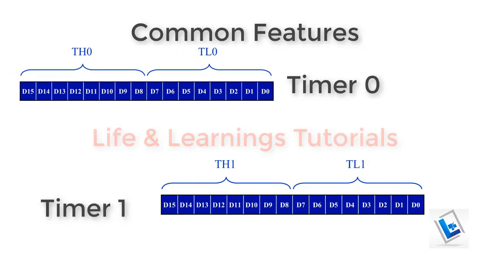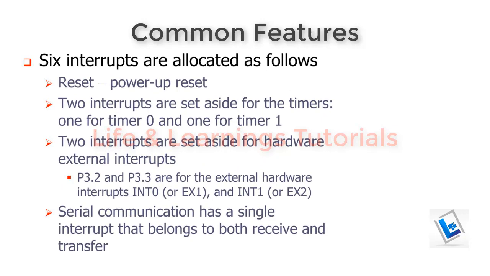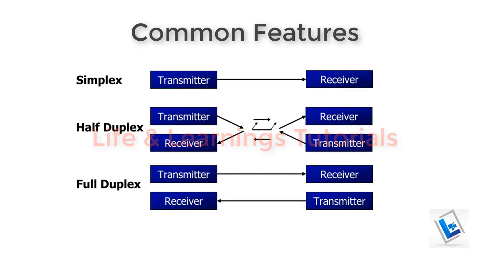There are two 16-bit timers in the original 8051 and 6 interrupt sources including software and hardware interrupts. The universal asynchronous receiver and transmitter is available for serial communication.